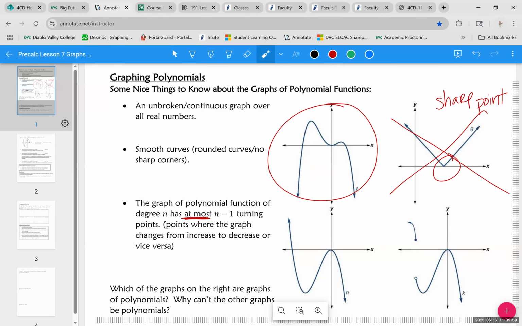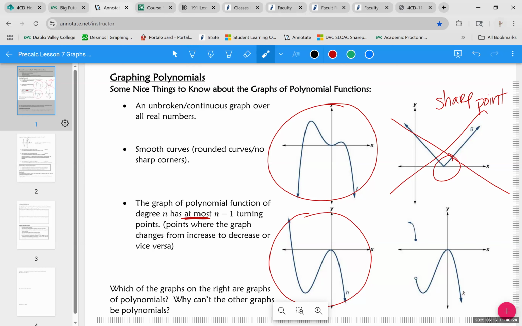What about the next one down below? No breaks, no jumps, smooth turning points. This is a graph of a polynomial. Again, notice I have 1, 2 turning points, so it could be a third degree or higher. And last but not least here, this has the look of a polynomial right until this big jump.